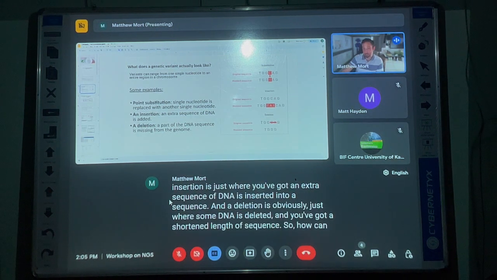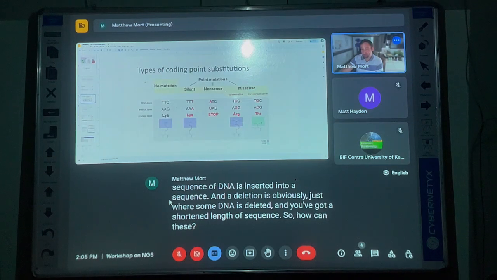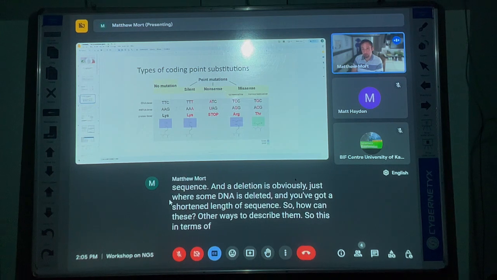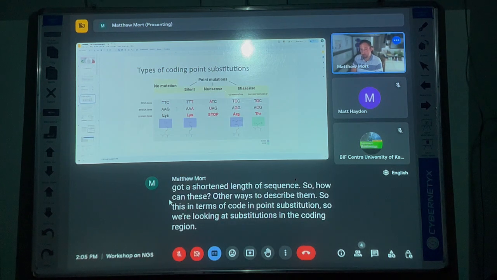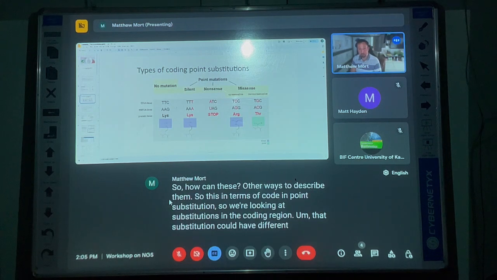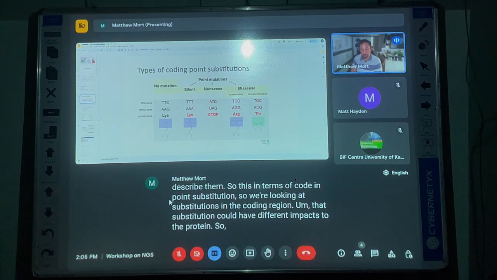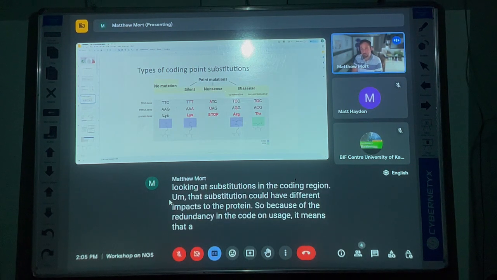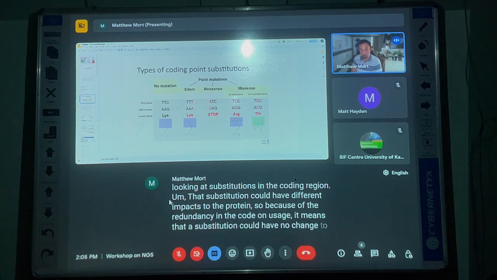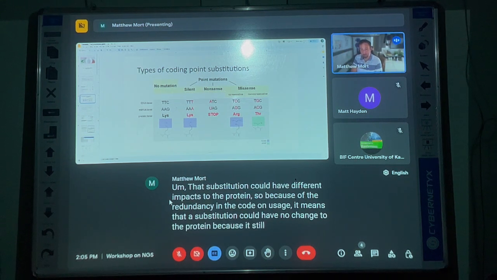So what are other ways to describe them? If we're looking at substitutions in the coding region, that substitution could have different impacts on the protein. Because of the redundancy in codon usage, a substitution could have no change to the protein because it still encodes the same amino acid.